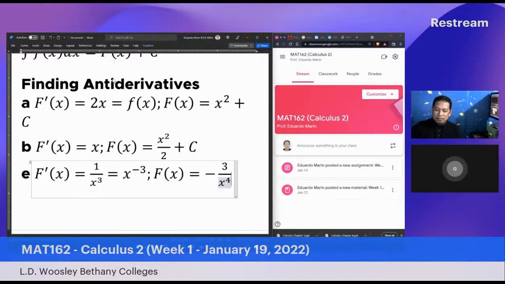Integral po, sir, di ba? Kapag antiderivative. Okay. Nalilito po ako, sir. Hindi ako sanay tawagin na antiderivative. Anyway, we're just exploring because it is assumed that we know derivatives. We're just doing the reverse. Parang ganun.